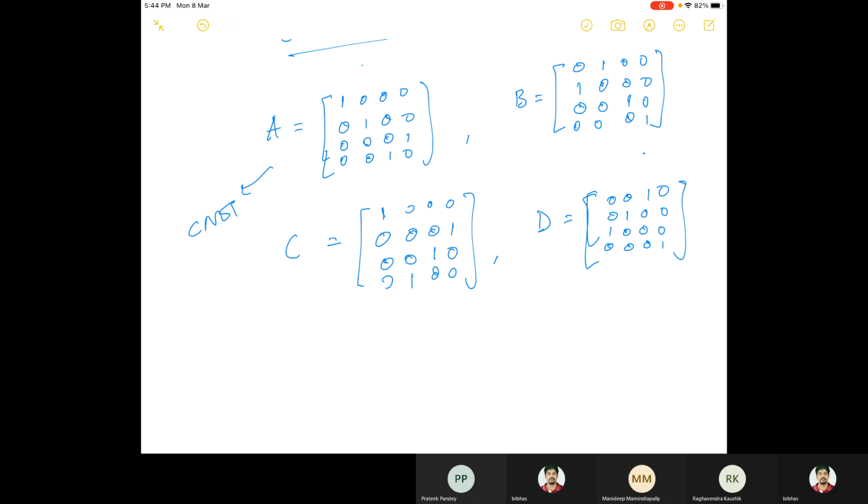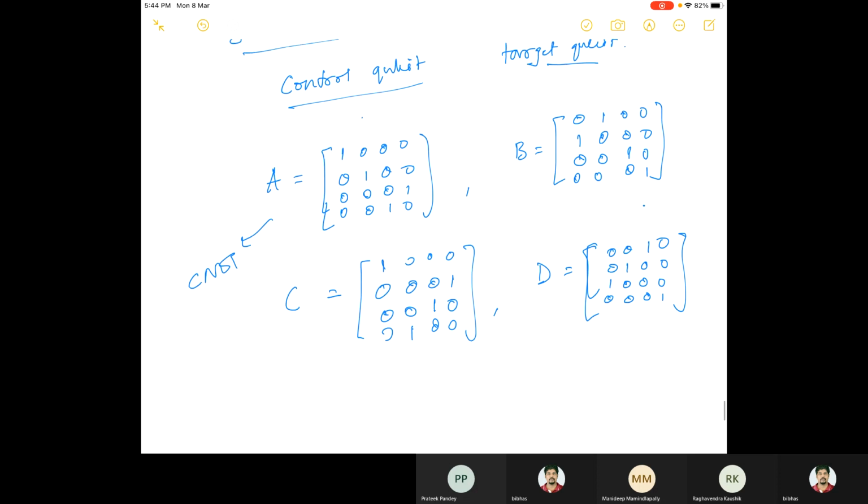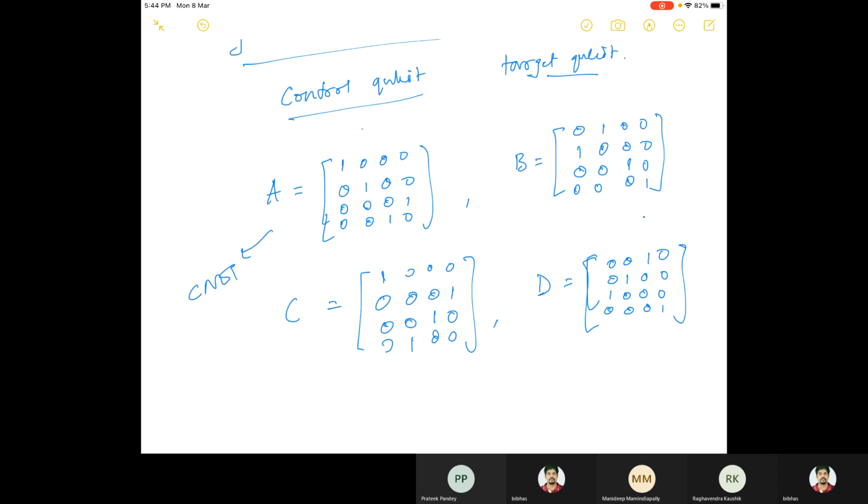If you multiply this matrix B with the fundamental states 0, 1, 2, 3, that is 00, 01, 10, and 11, you'll see that B flips, meaning you can say the NOT gate is applied on the second qubit.